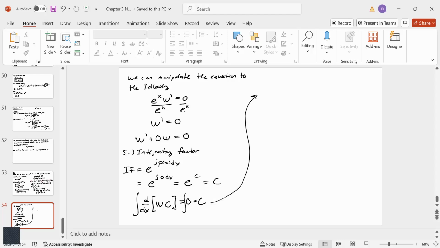And what we end up getting is WC equals, sorry, no, it's equal to C. And then we divide both sides by C, and then W is equal to 1. So now we have what W is, and from there we can do the whole back substitution now.